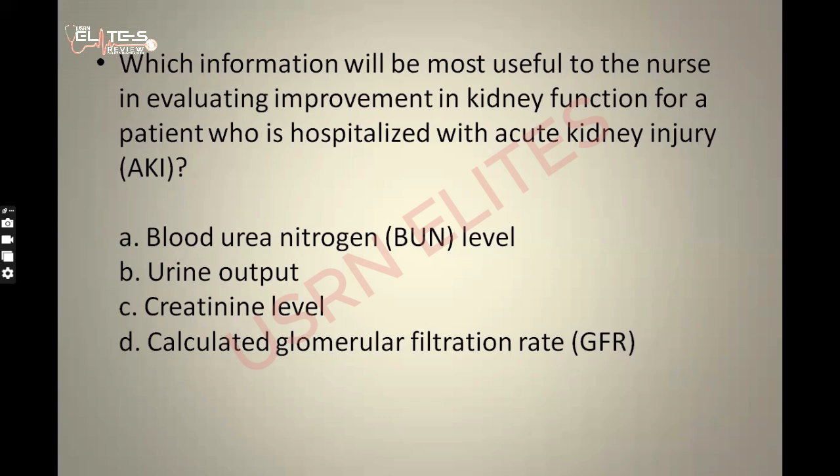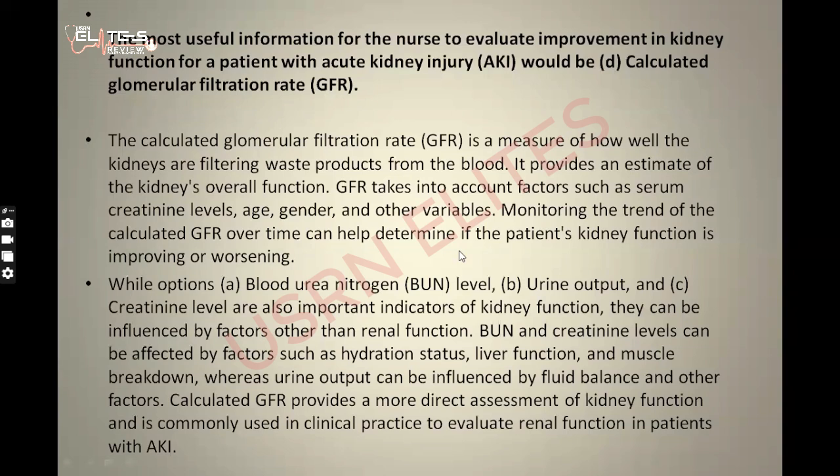Who wants to try? If you want to evaluate kidney function, which one among the options here is the gold standard? Hey, this one too will not talk. C, please, C. The answer is A. D, right?